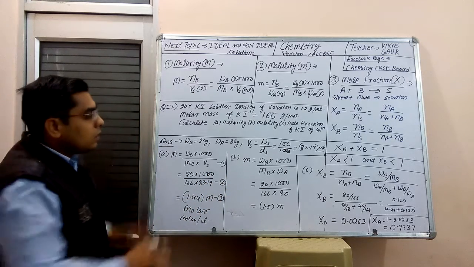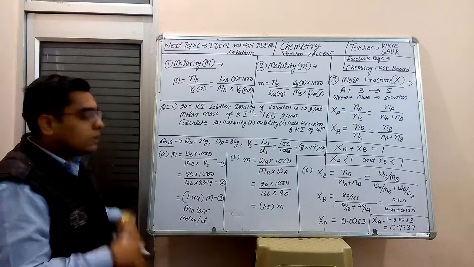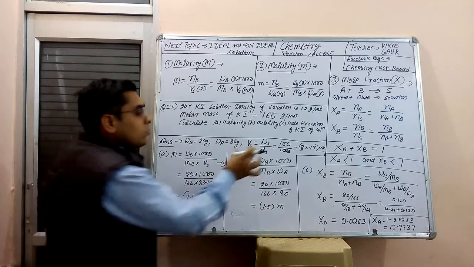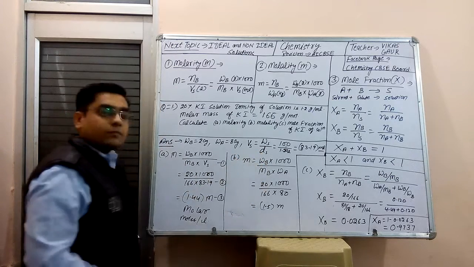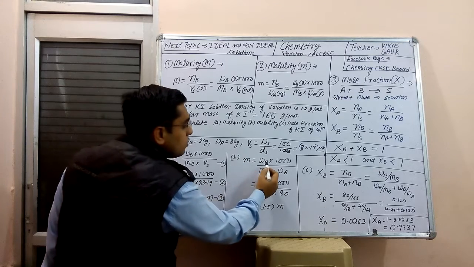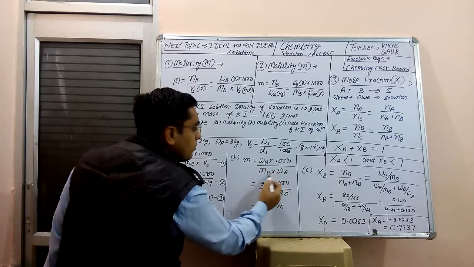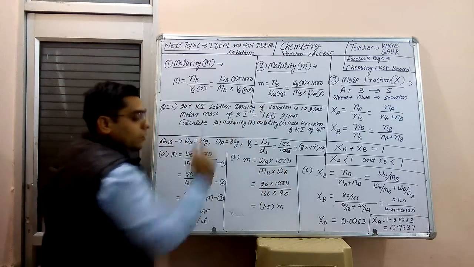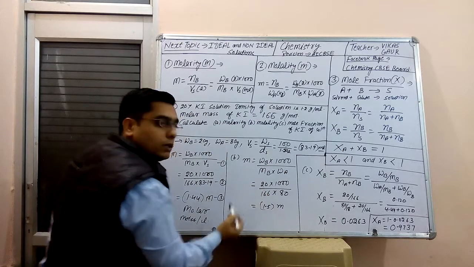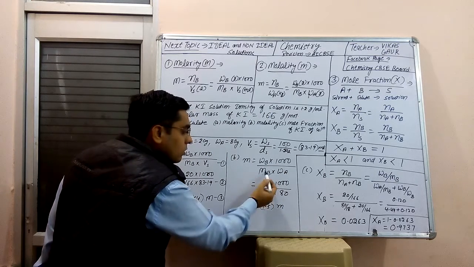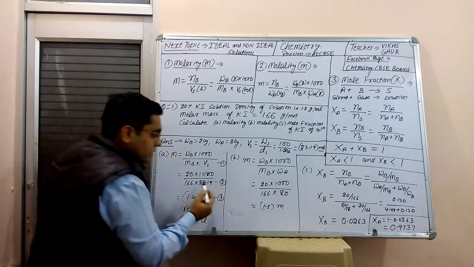1 and a half, if your whole numerical is for 3 marks, then remaining 1 and a half for molality. See how. Molality is equal to Wb into 1000 upon Mb into Wa. This formula: mass of solute 20 into 1000, molar mass 166, and only one change.